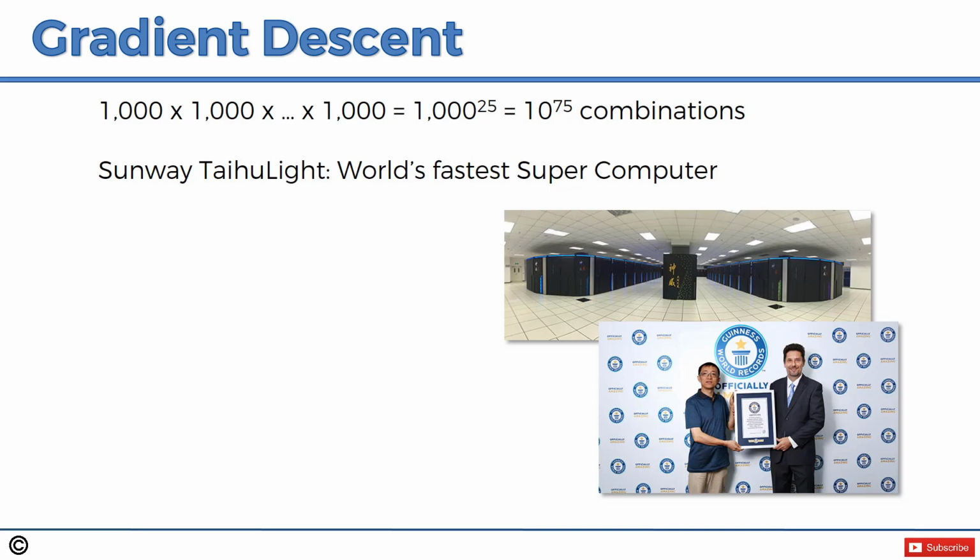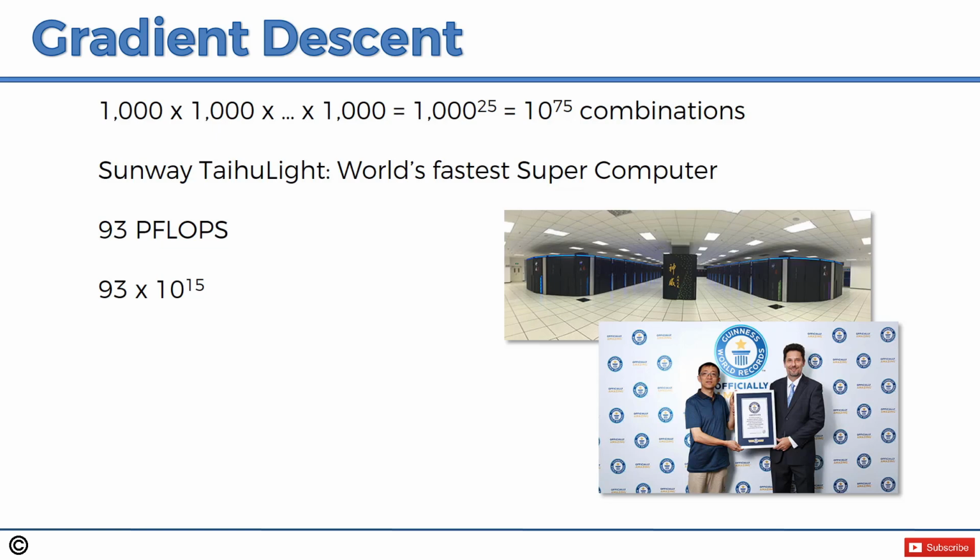Right now, it is the fastest supercomputer in the world, and it can operate at a speed of 93 petaflops. Flop stands for floating point operation per second. So it can do 93 times 10 to the power of 15 floating point operations per second. That's how quick it is.